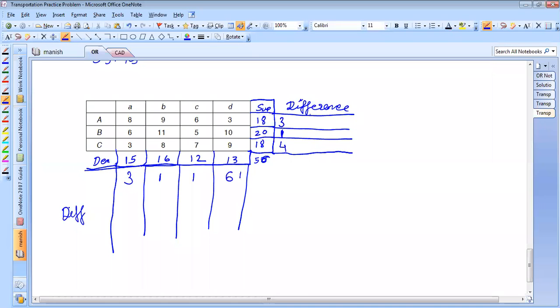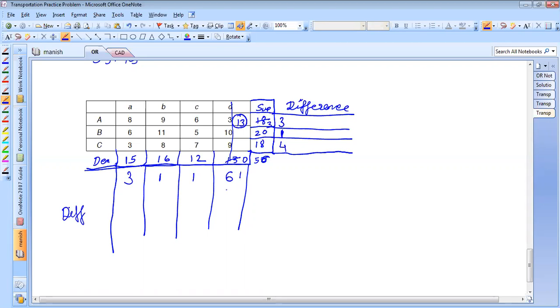So we select the maximum, select the least cost, and we apply the allocation. Allocation remains the same, 13, 18, which is the minimum, 13. So we will allocate 13, making it 0. This becomes 3. Okay, eliminating this column.